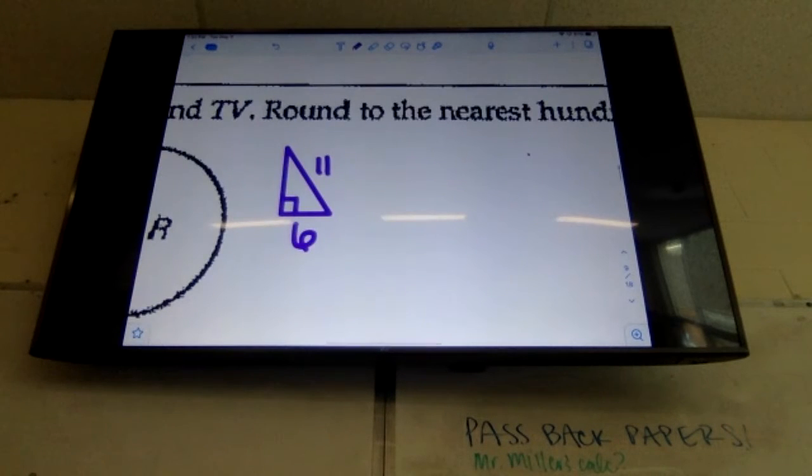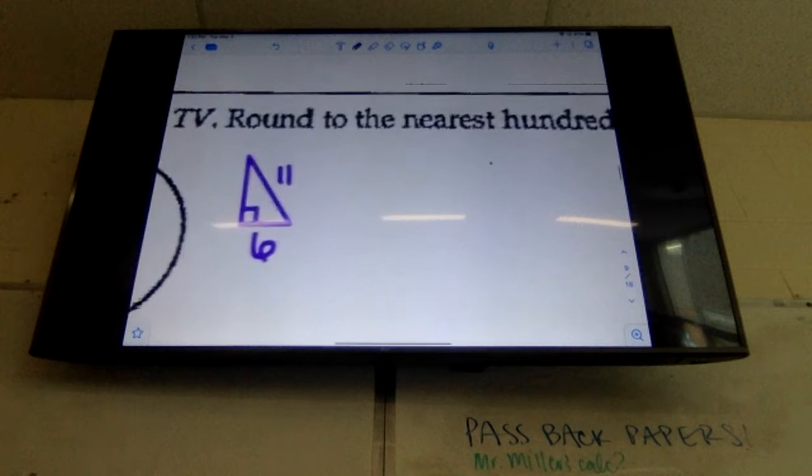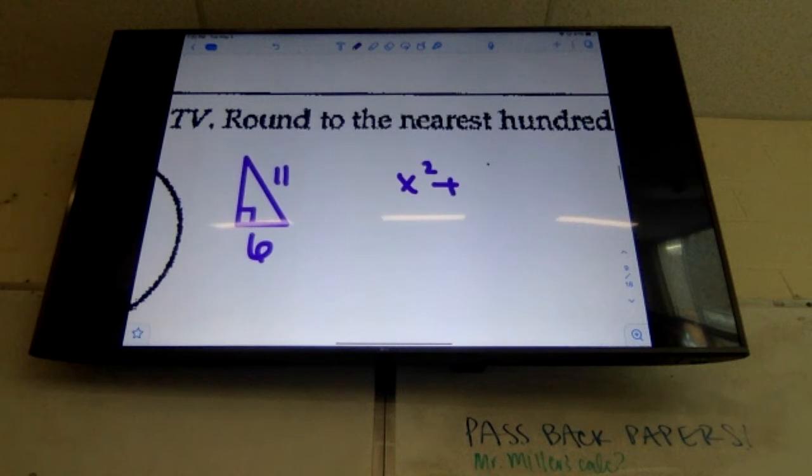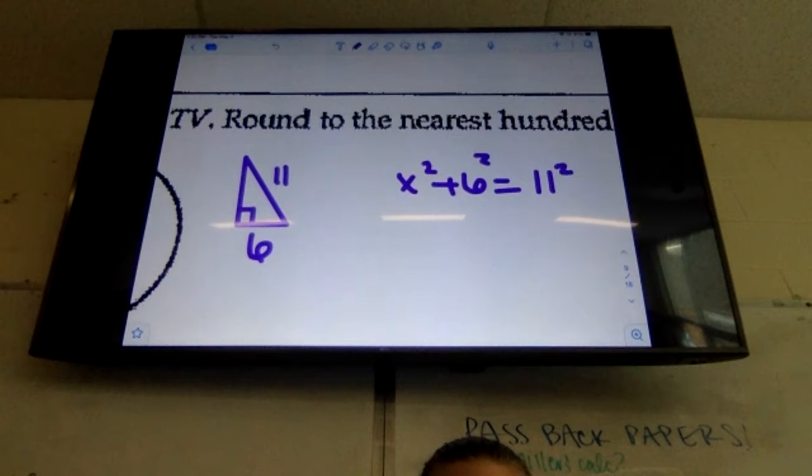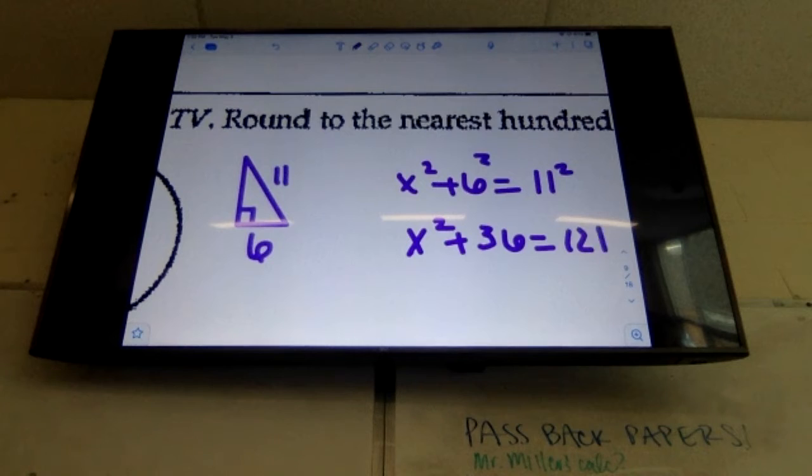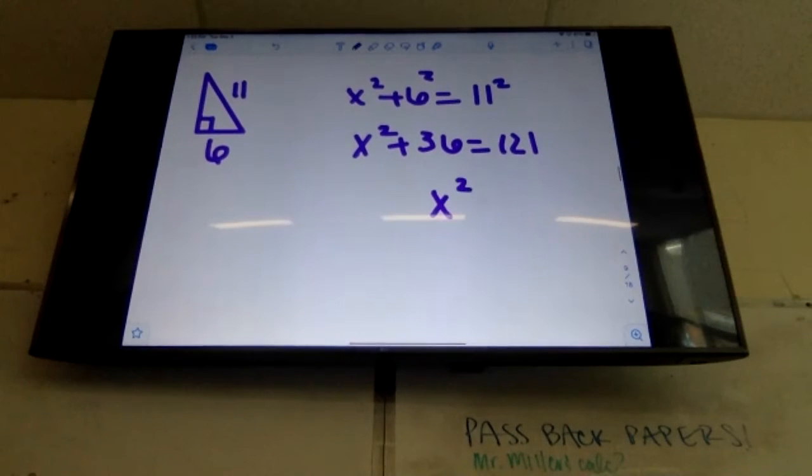So what's my hypotenuse here? What's going to be by itself? 11. Good. So we'll do x squared plus 6 squared equals 11 squared. We can solve for x. I get x squared plus 36 equals 121. Minus 36 from both sides. 121 minus 36 is 85.